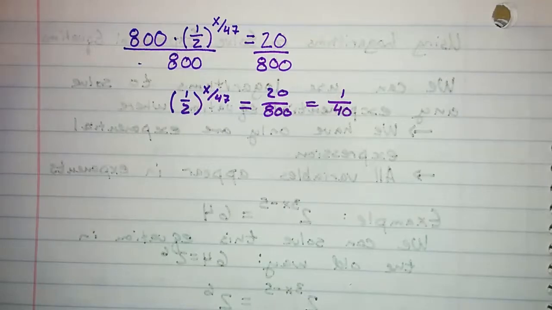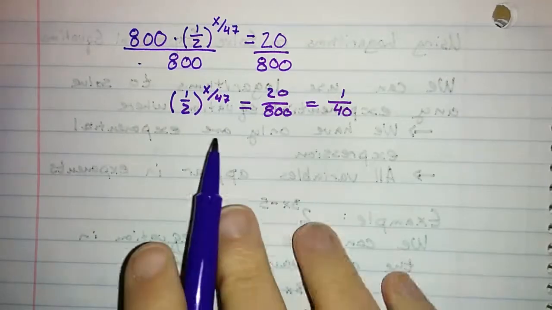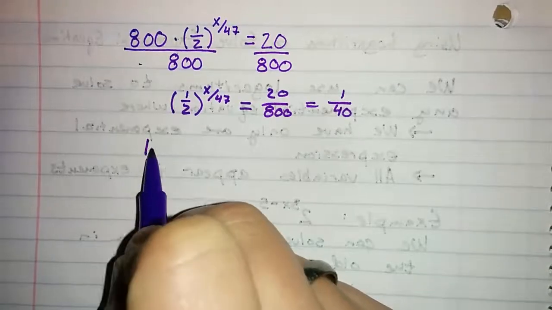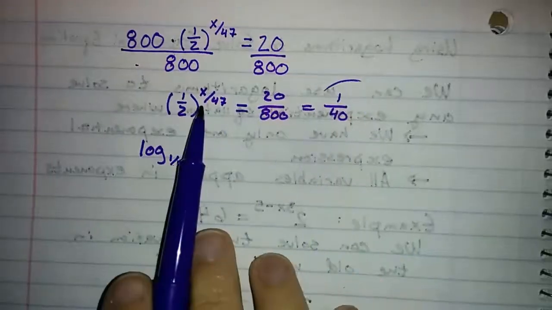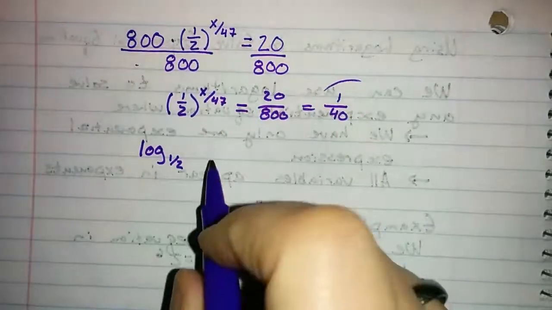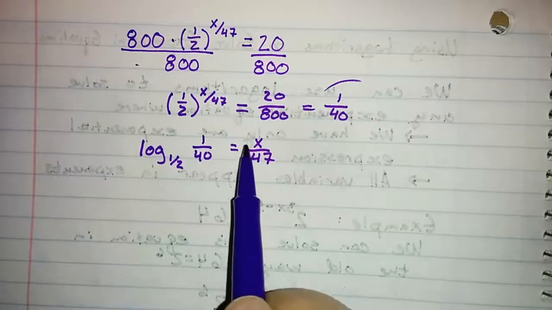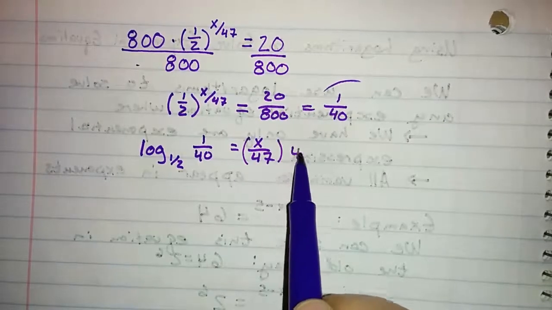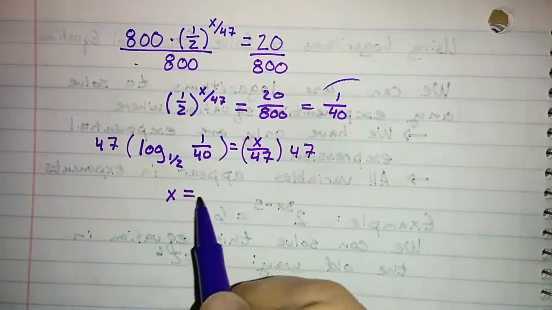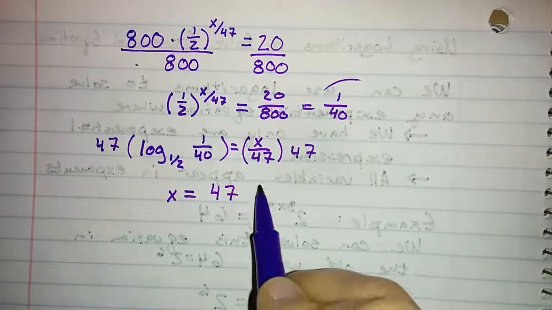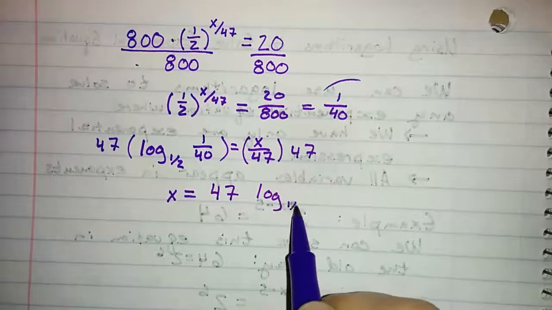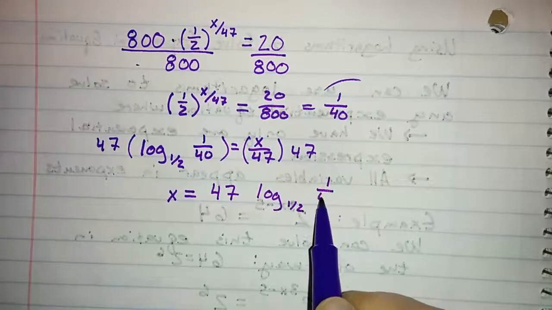Now I'll rewrite in terms of logarithms. The base stays the same, but then the result and the exponent switch places. And now I finish solving normally. I need to get rid of this 47, so I need to multiply both sides by 47. So I'll get x is 47 times the log base 1/2 of 1/40.